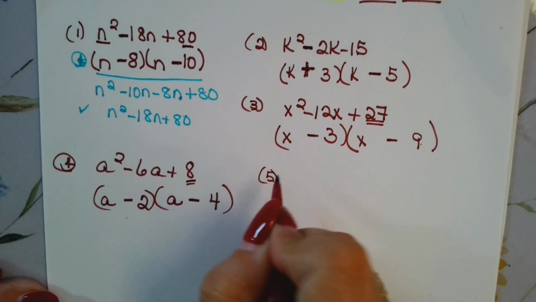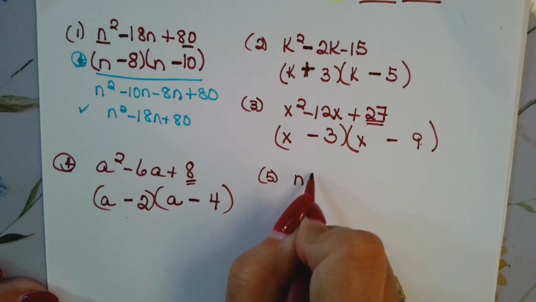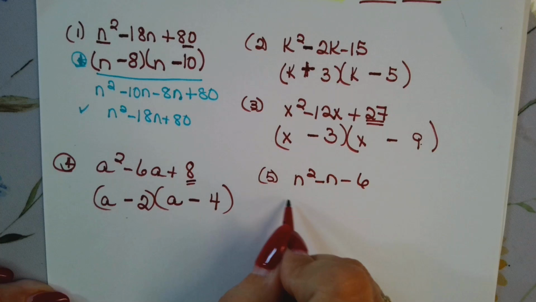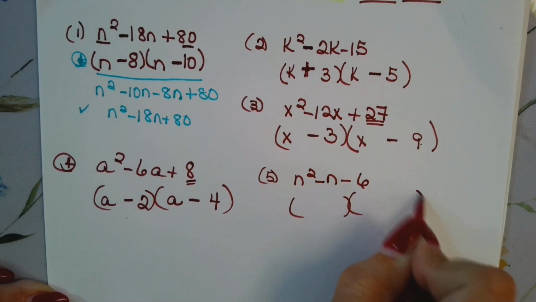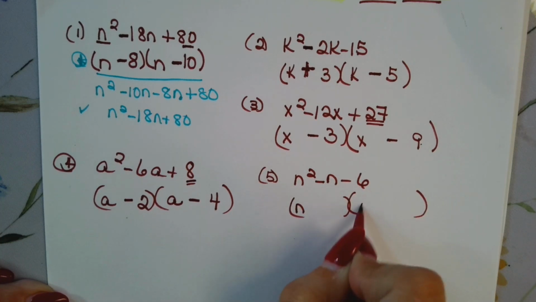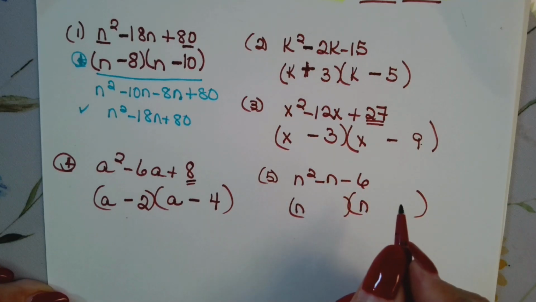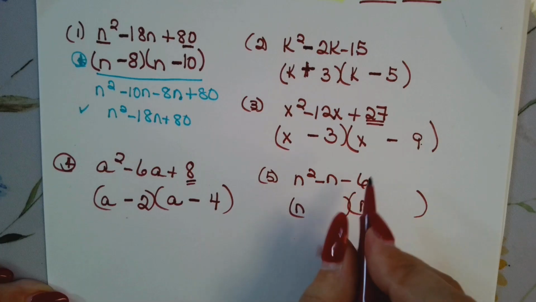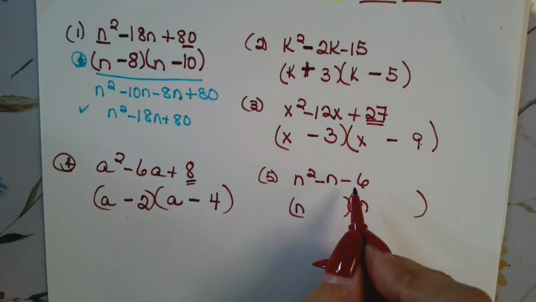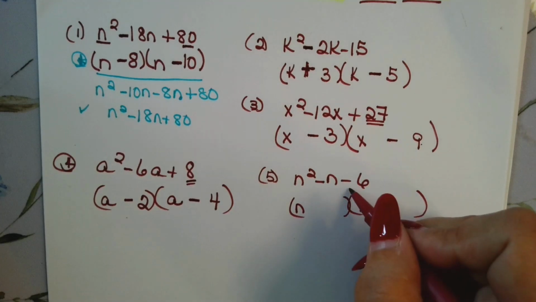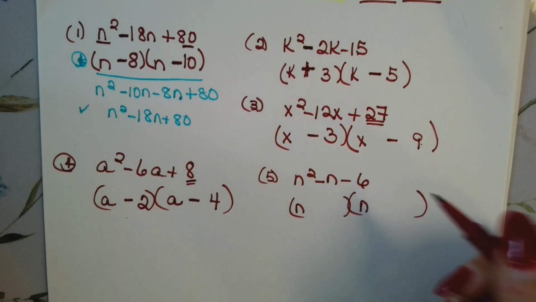Number 5, we have n squared minus n minus 6. Factors of n squared are going to be n and n. Factors of 6 that will give me a negative. Now this one you need to be careful. Factors of 6 that will give me a negative 1, but also give me a negative 6 when I multiply.